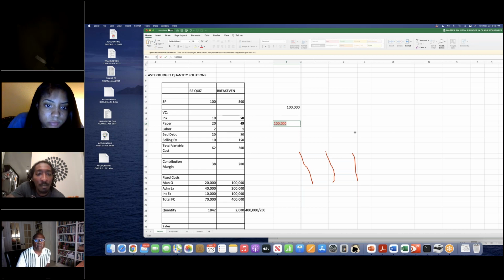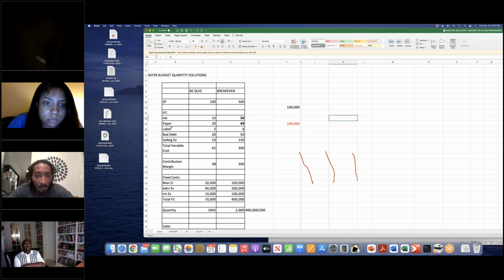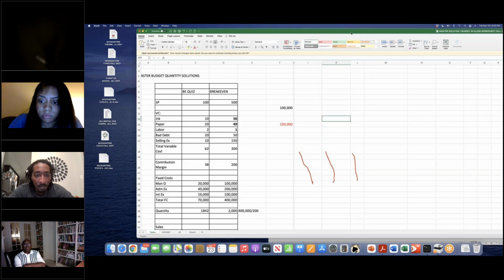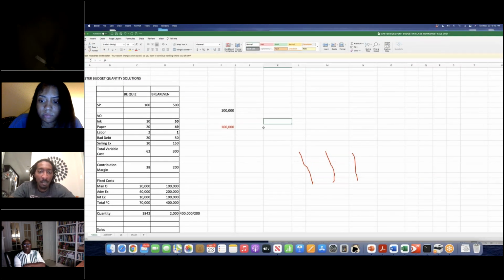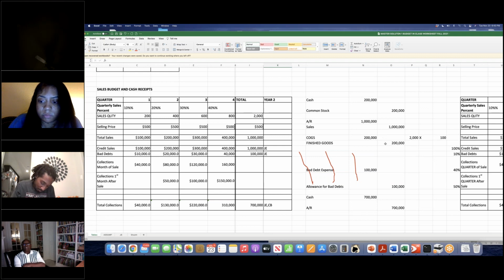Put that in red. So you simply add up your ink, your paper, and your labor. You know, the cost you use to get your selling price. You add those up. And that's the cost of when you sell something, you've got to take the cost out of cost of goods sold. That was the cost. So you sold it for $1 million, but that 2,000 cost you in terms of product cost 200,000.